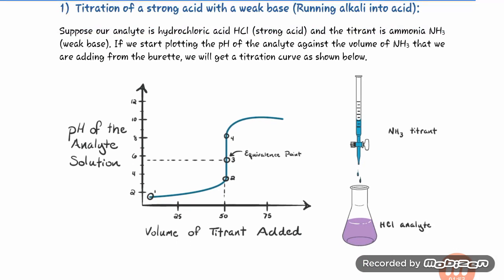That point is known as the equivalence point, where we get a proper and equal amount of titrant. So in this, the HCl is the analyte and NH3 is the titrant.